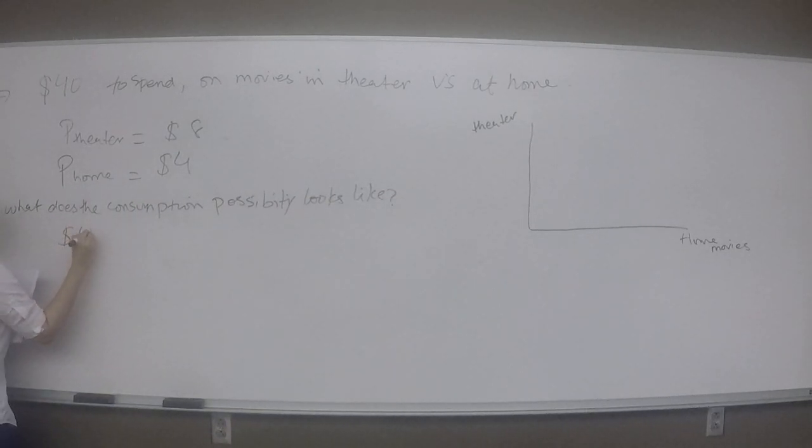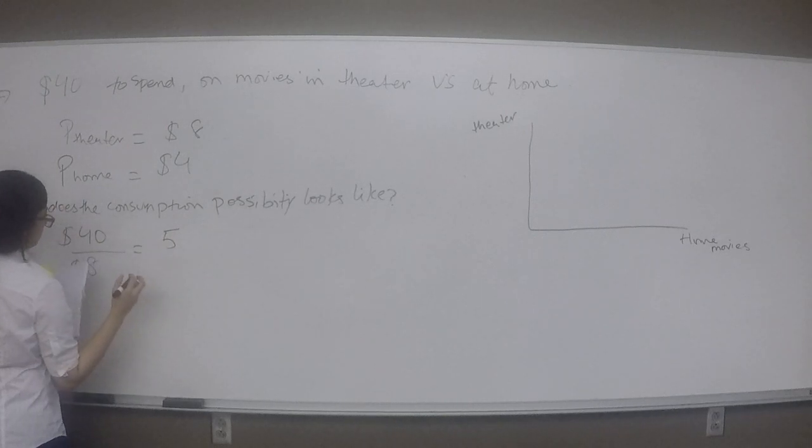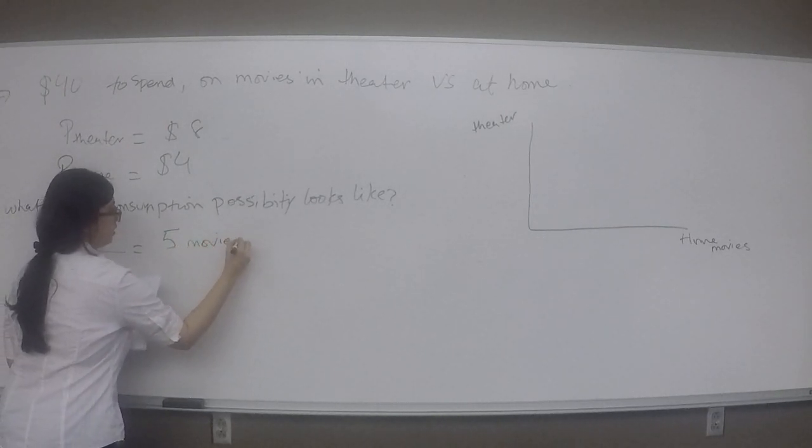With $40 of income, if you divide that by $8, you could watch 5 movies maximum.